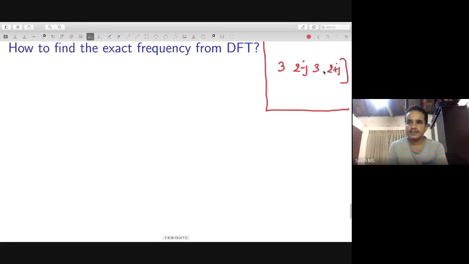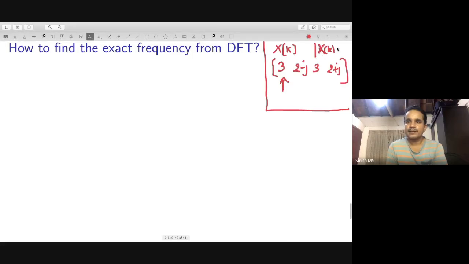This is the X[k] that we have got, and you can find the magnitude of this, mod X[k].